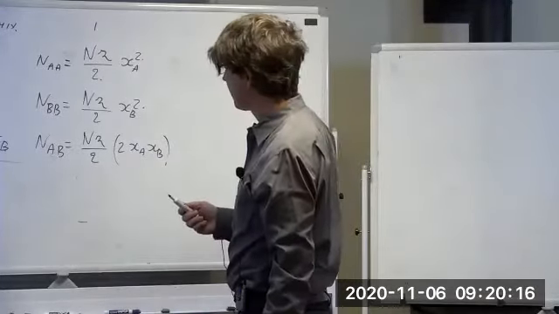Delta U of mixing, I'm going to bring the NZ over 2 up front. So I'm first going to write the energy of the mixture. I'm going to start with the AB bonds, 2 times XA XB times WAB. And then I'm doing the AA and the BB bonds.